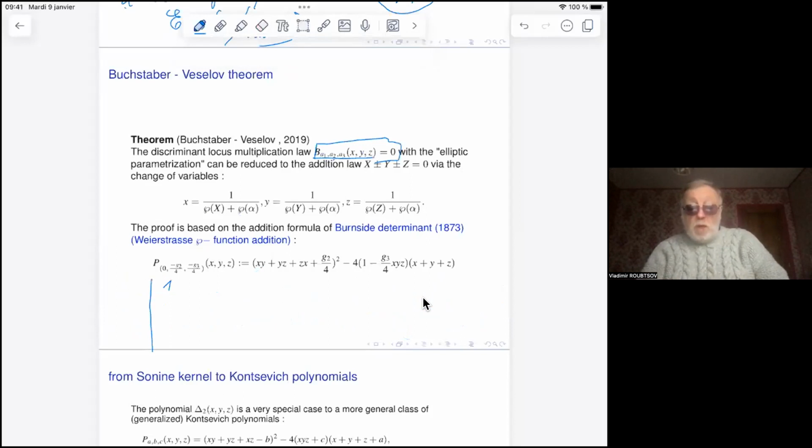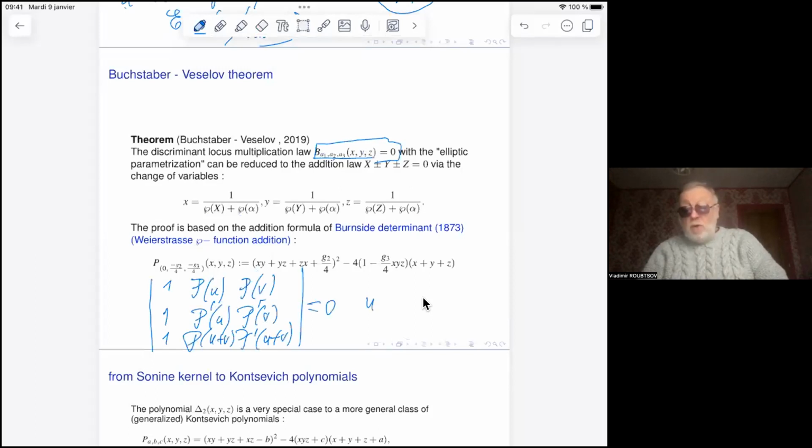You have 1, 1, 1, P of u, P of v, P prime of u, P prime of v, and P of u plus v, P prime of u plus v, equal to 0 if u plus v plus w is a double r.